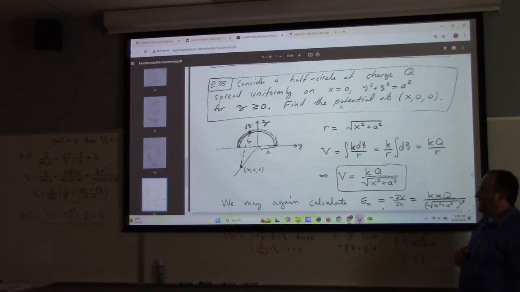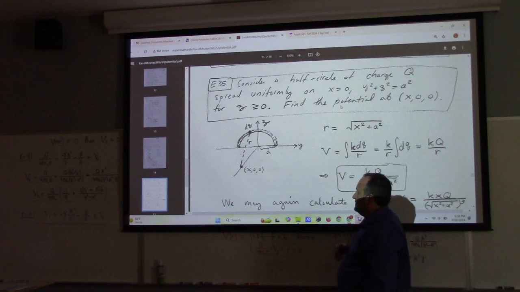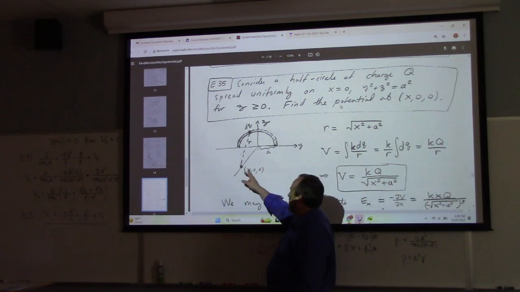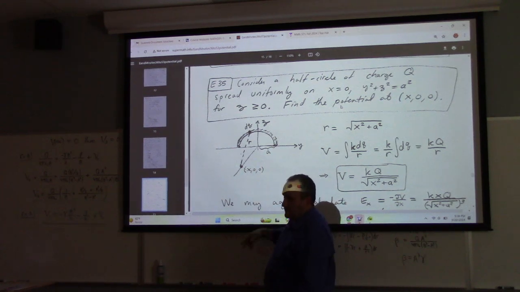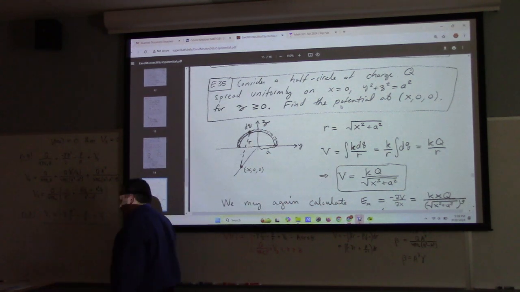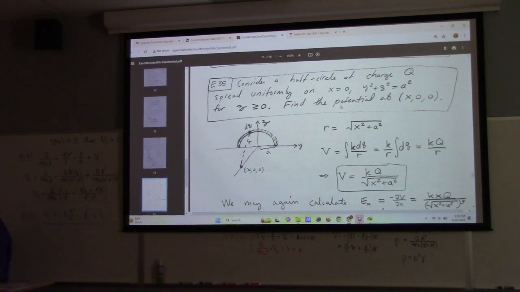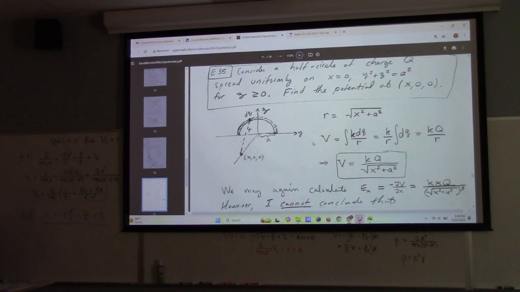To do the sophisticated calculation, I would have to put x, y, z here and actually do the integration like that. It wouldn't be as easy as this. So, yeah.